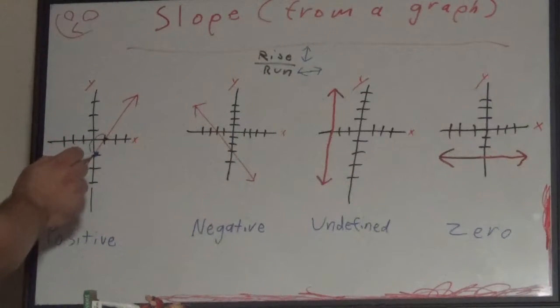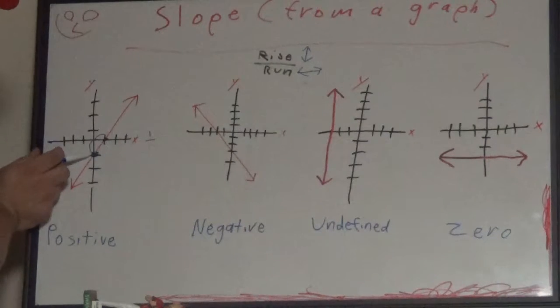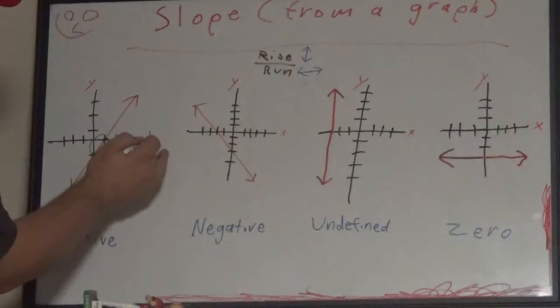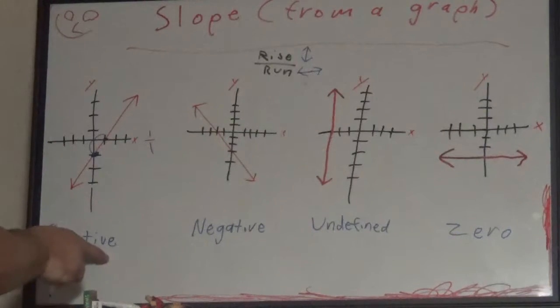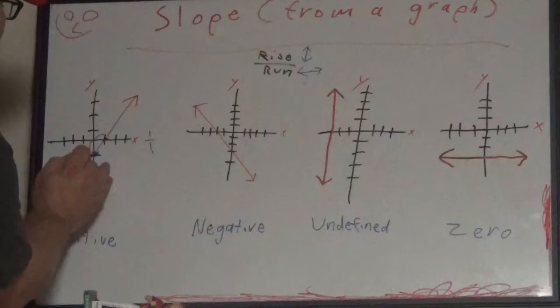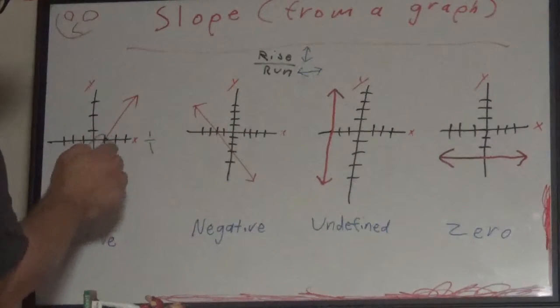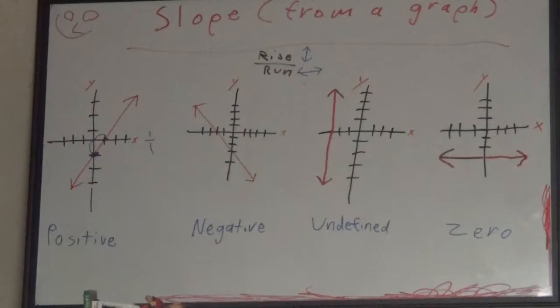So in this example, we go up 1. If you go from this point to this point, you can see that we're traveling up 1 unit, and we're traveling over 1 unit. Also, first thing we should do, it's a positive slope. Then we go up 1 and we go over 1. So we have 1 over 1. Now 1 over 1 can be simplified. You always want to simplify your fractions.